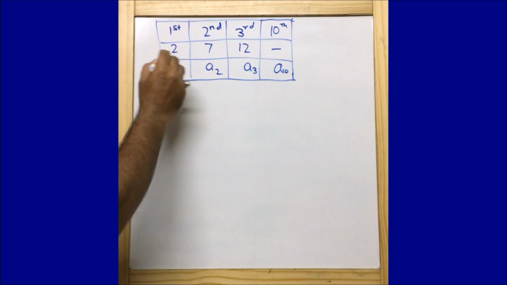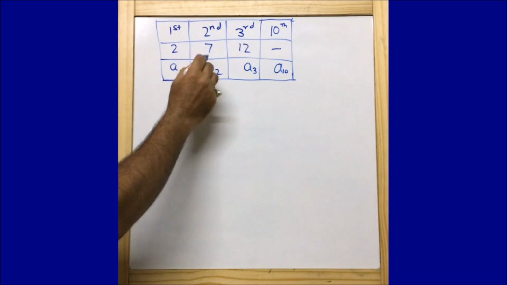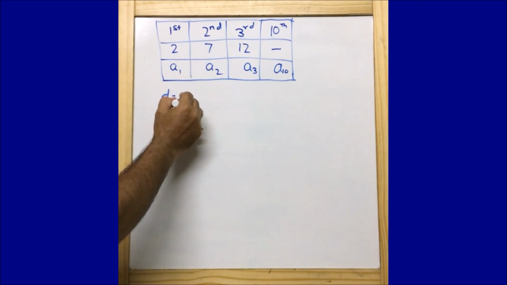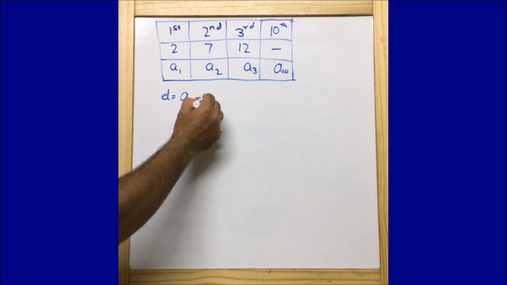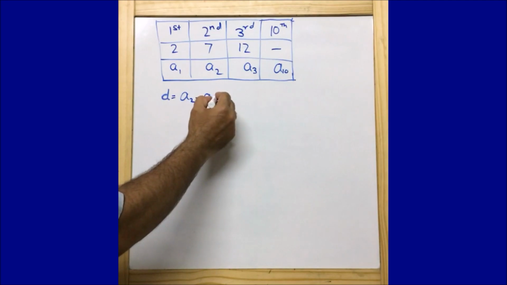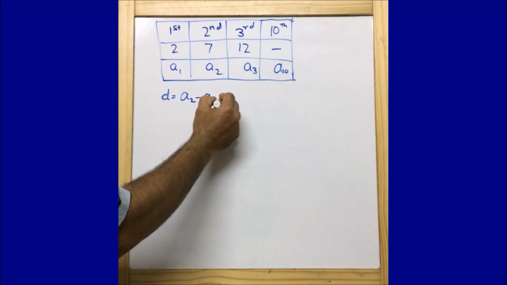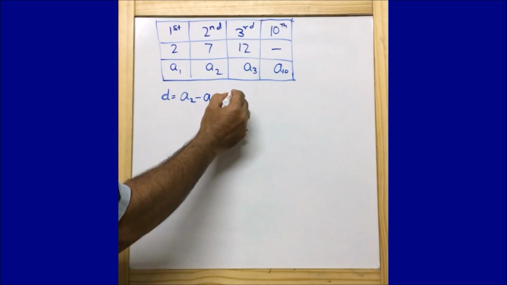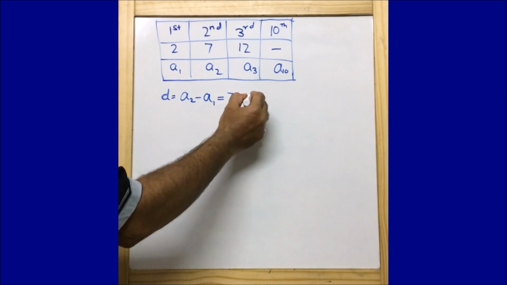First of all, as this is an arithmetic progression, we have the common difference d. Common difference d is equal to A2 minus A1. And why I am finding the common difference, you will see that it is required while working out. So 7 minus 2 is equal to 5.